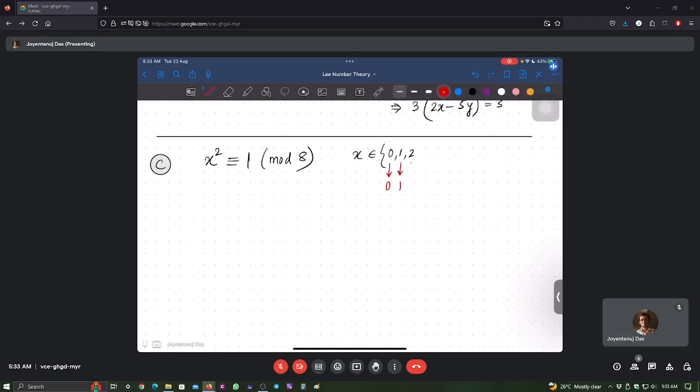So let me write down all of them: 3, 4, 5, 6, 7. 2 square is 4, that will not work. 3 square is 9, so 9 is 1 mod 8. That will work. What about 4?